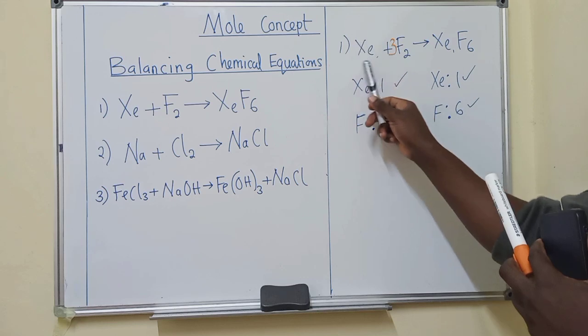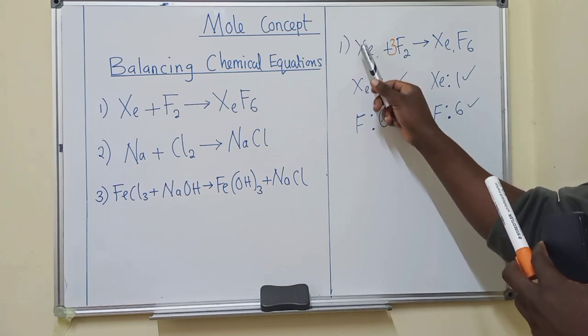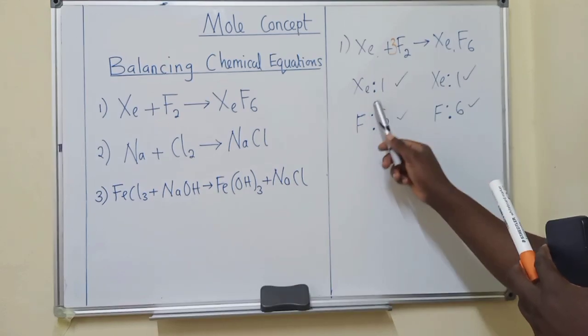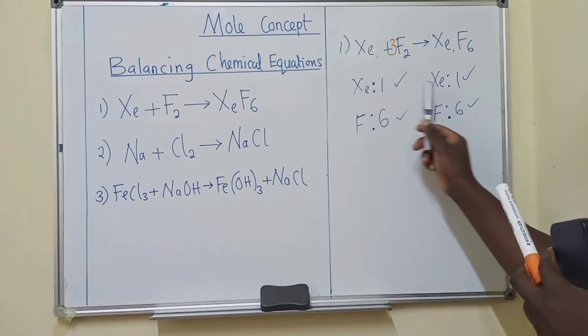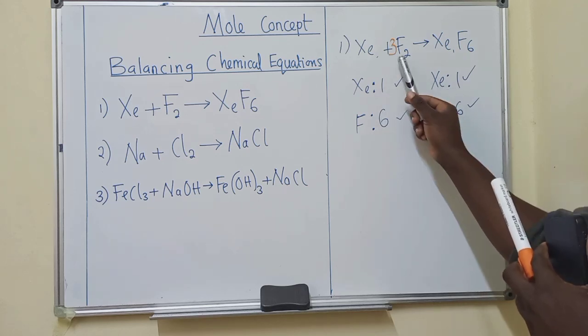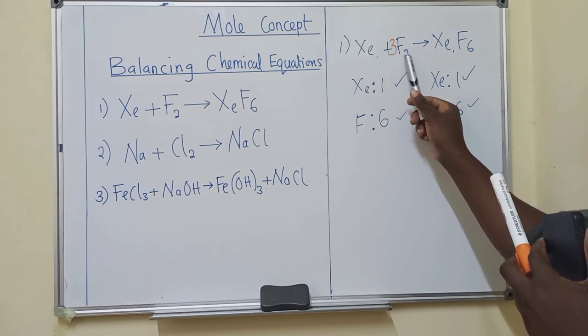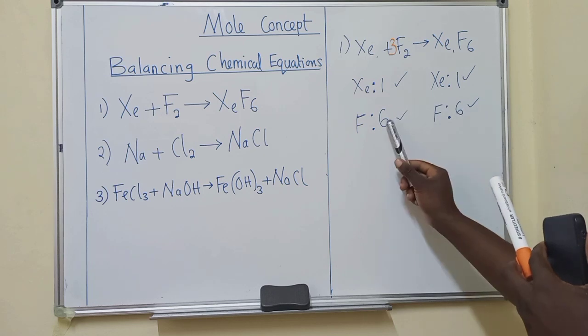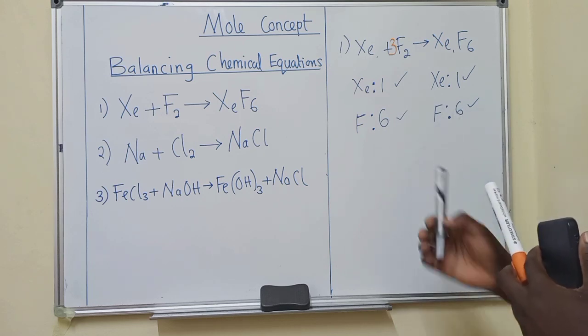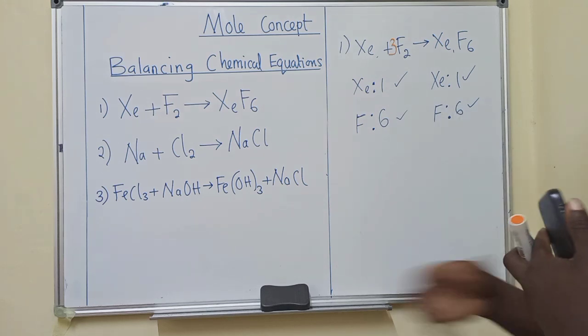I'm not supposed to put any coefficient in front of the Xe because it's balanced, 1 and 1. But here F is 2, so I needed a number which, multiplied by this, gives 6, just like the other side. So the first one is balanced.